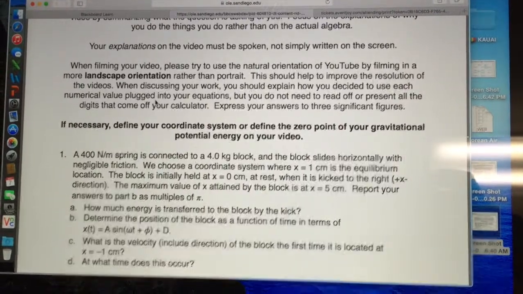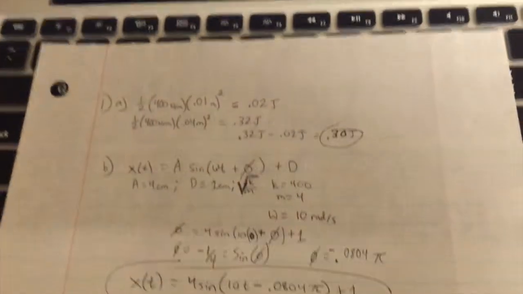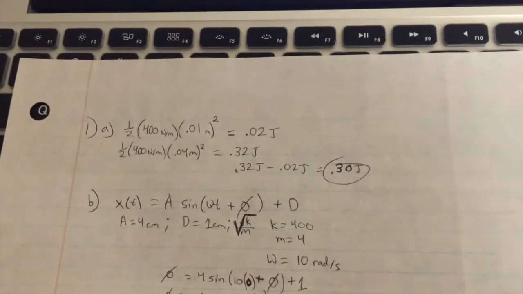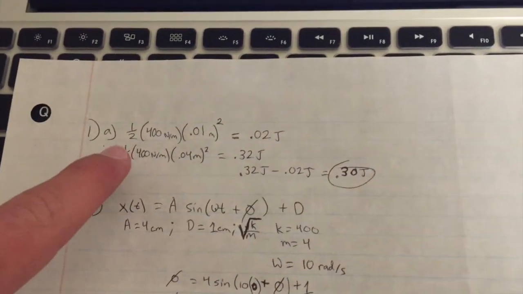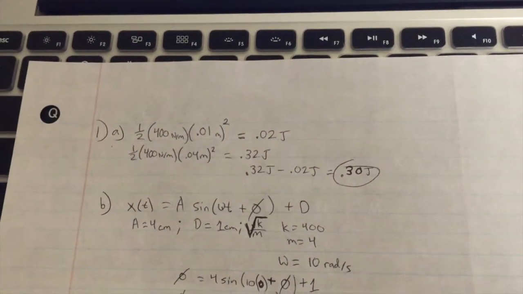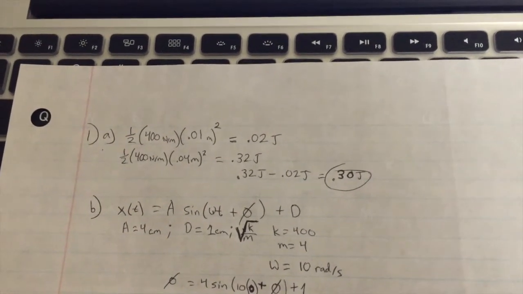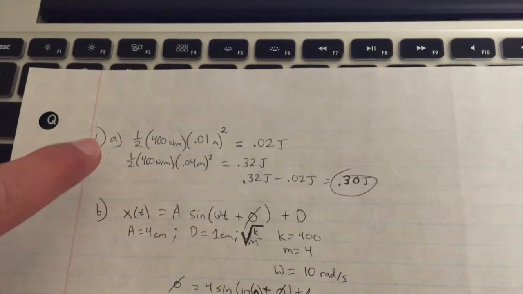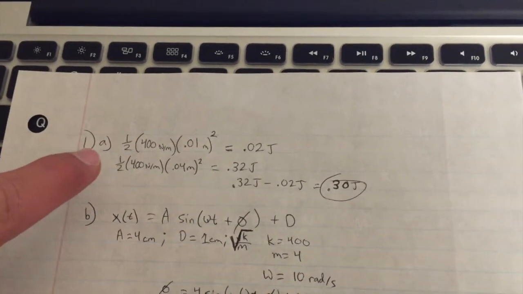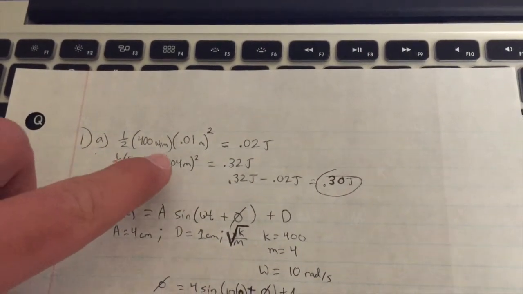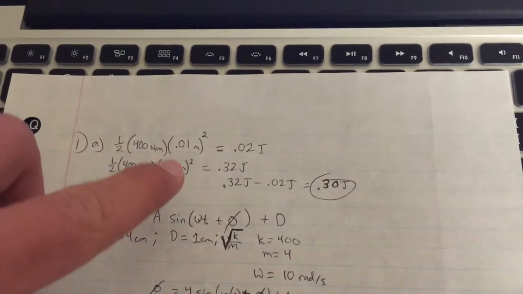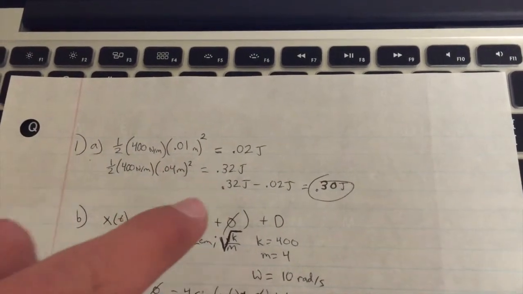So for part A, it's how much energy is transferred to the block by the kick. Because it starts at 0 centimeters and the equilibrium is at 1 centimeter, you have to find the energy before the spring. So it's 1/2 times 400 Newton meters times 1 centimeter, which is 0.01 meters, squared, and you get 0.02 joules.